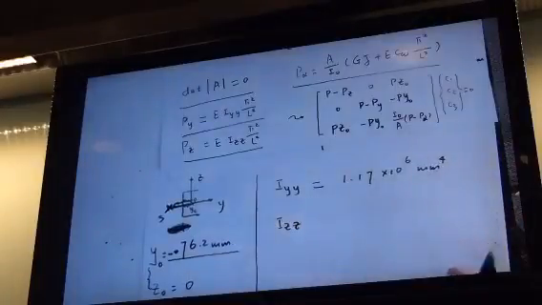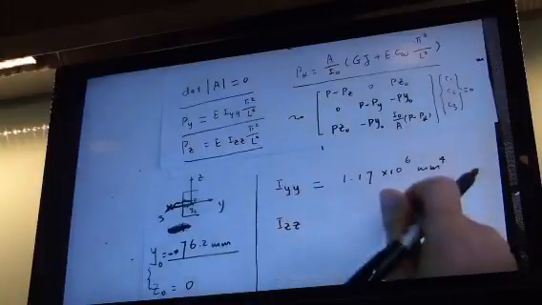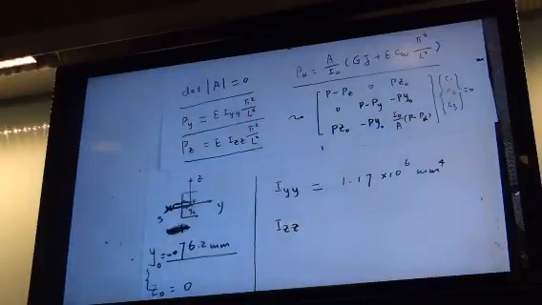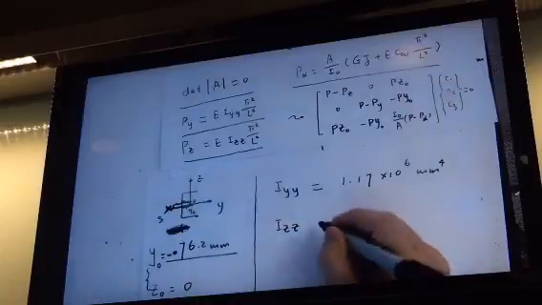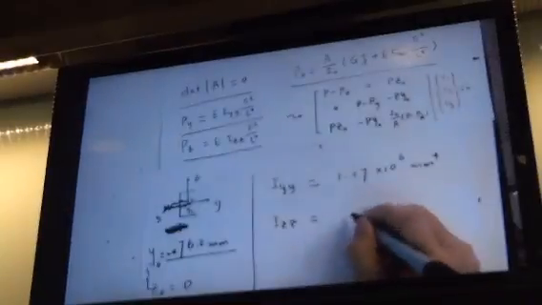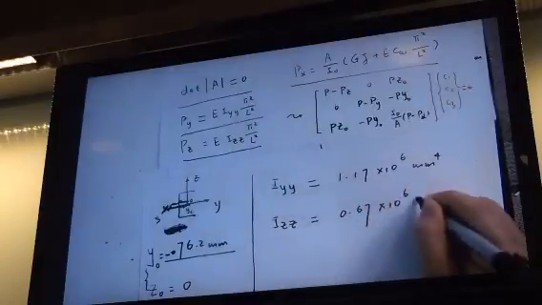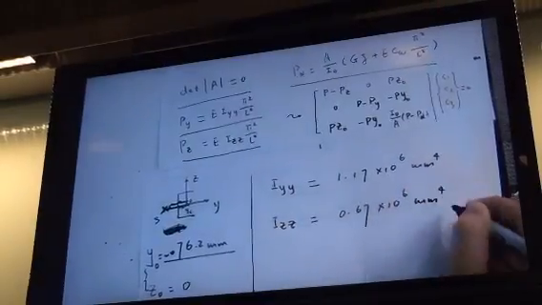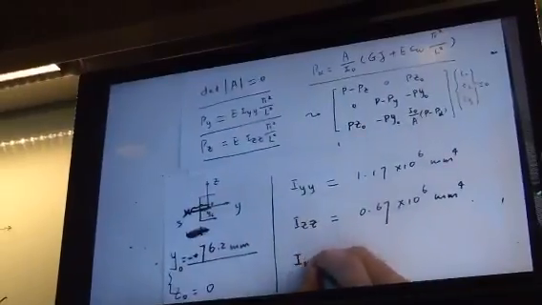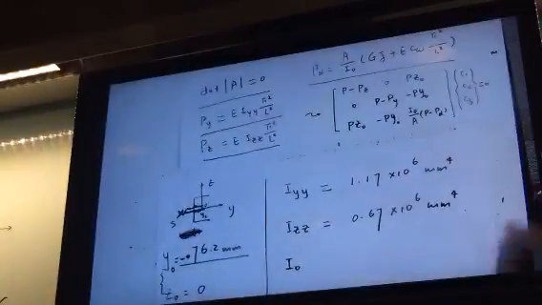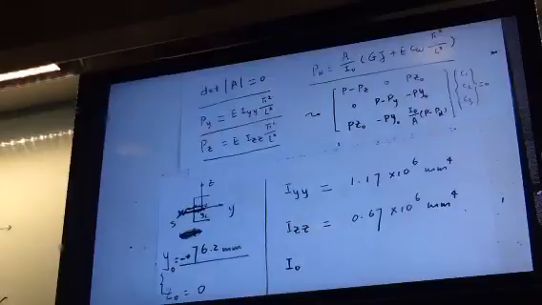In exam 2, I also asked you to calculate the IYY and IZZ of that fuselage. So this is the same procedure, just area times distance squared. Okay, IZZ will be I0, because when you look at that matrix, you not only have PY, PT, you have the I0 there.